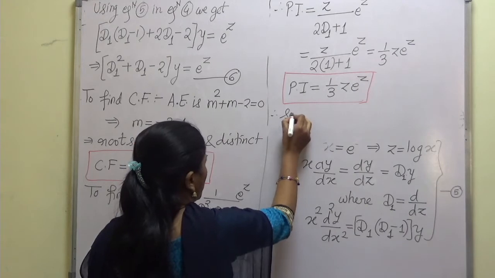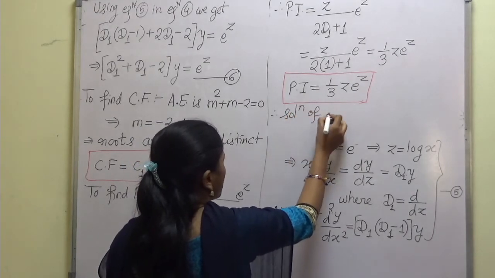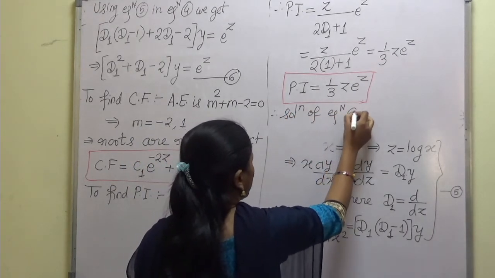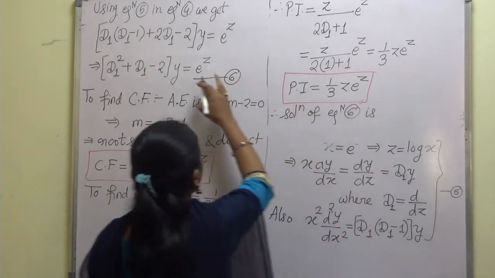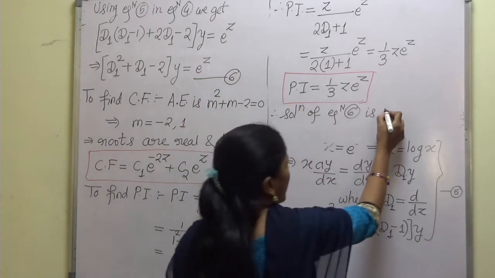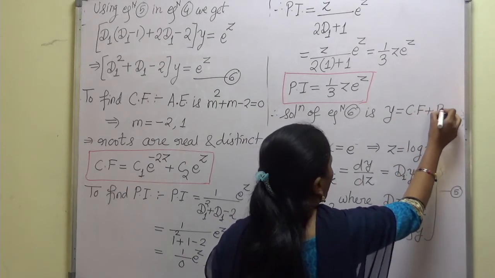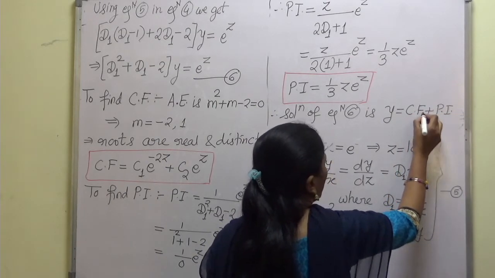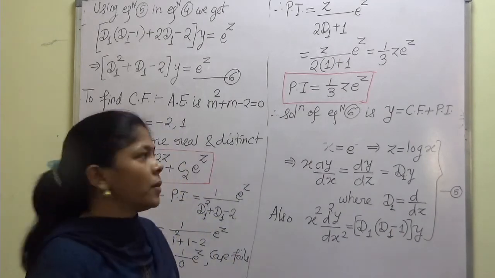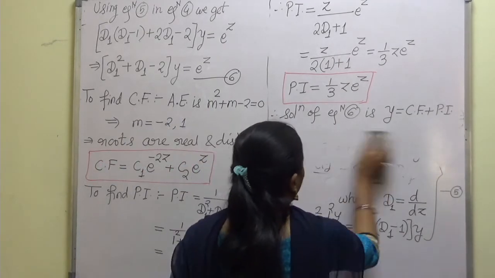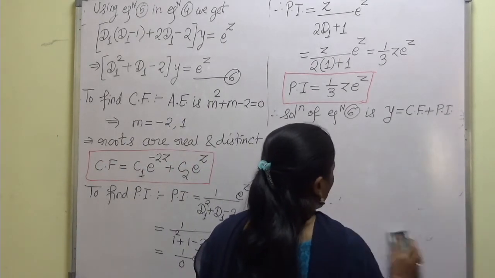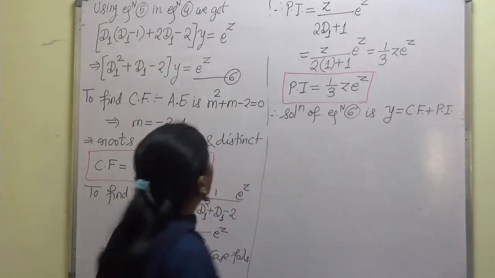The dependent variable is y, so y is equal to CF plus PI.